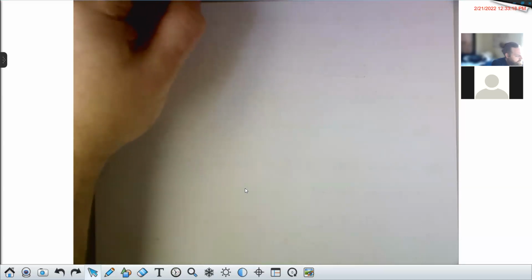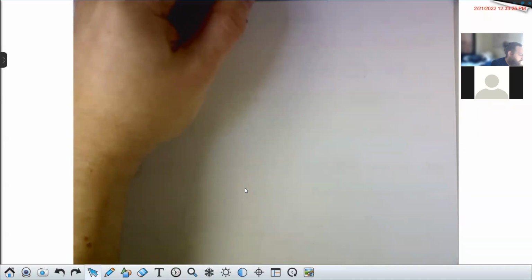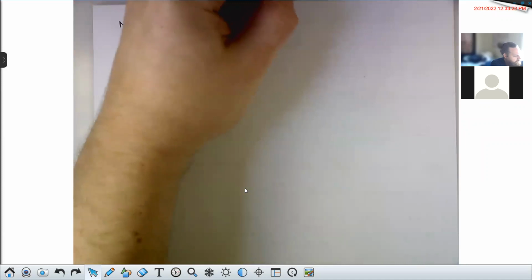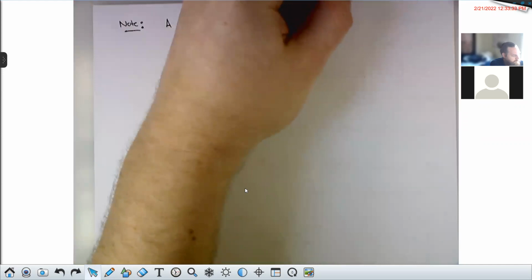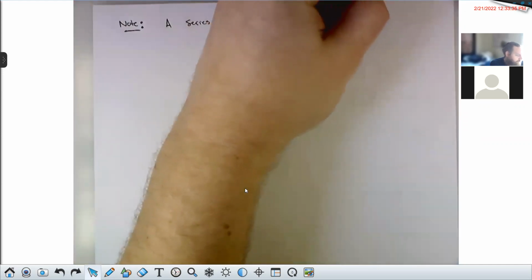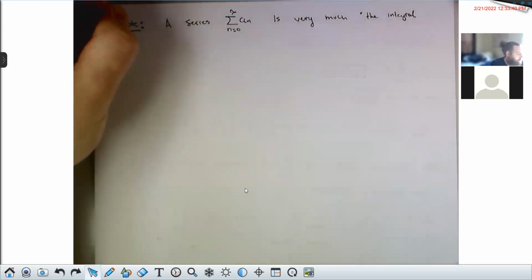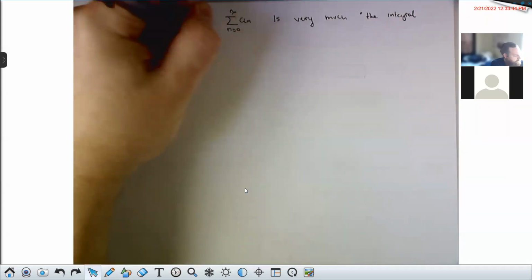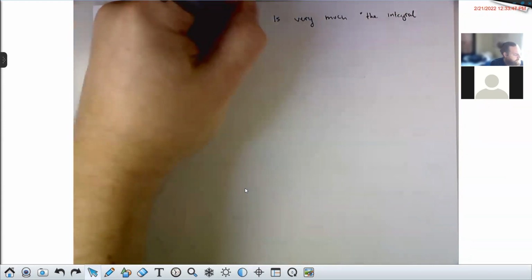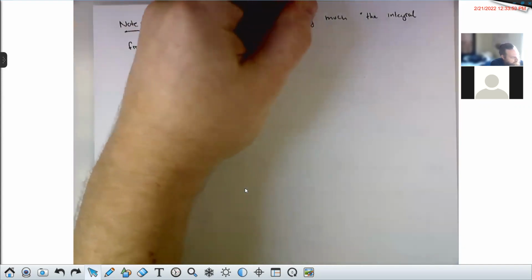series, sigma n from 0 to infinity of a_n, is very much the integral from 0 to infinity of the sequence a_n.